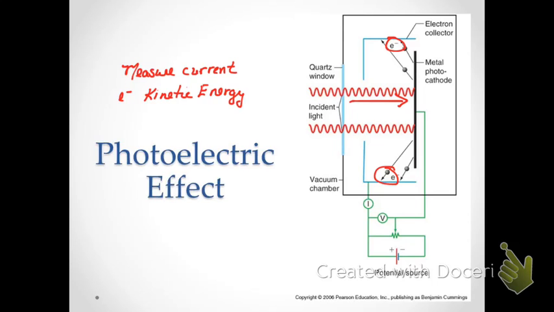This is the principle behind many photodetectors, for example photomultiplier tubes, where we are able to measure the intensity of light by monitoring the electrical current generated in these systems.